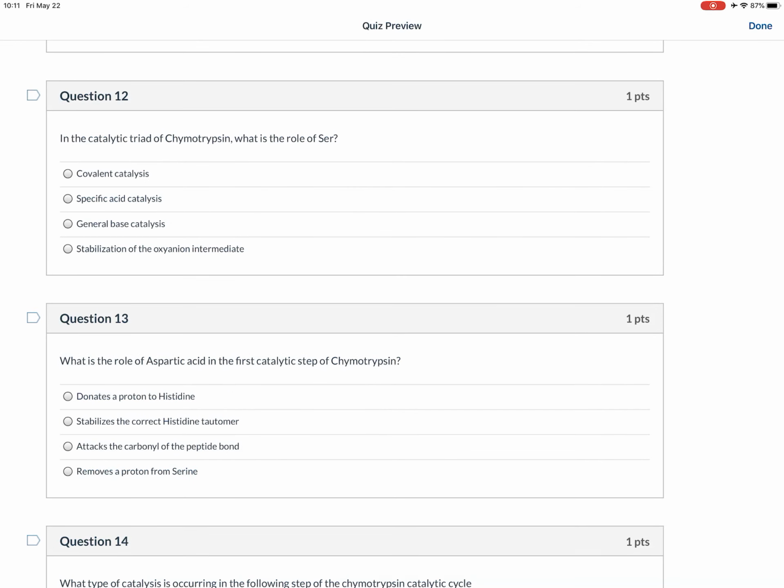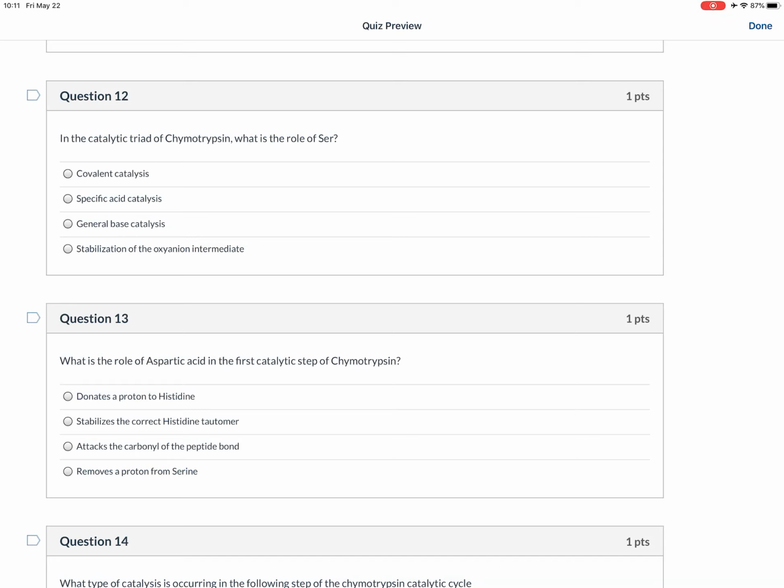In the catalytic triad of chymotrypsin, what's the role of serine? So if you remember, serine has an OH group, a hydroxyl, that it's going to donate a hydrogen to histidine, or histidine actually is going to remove it.